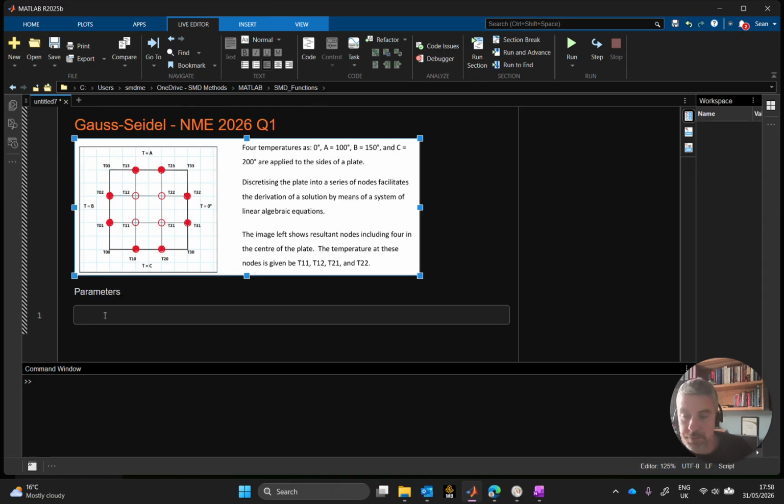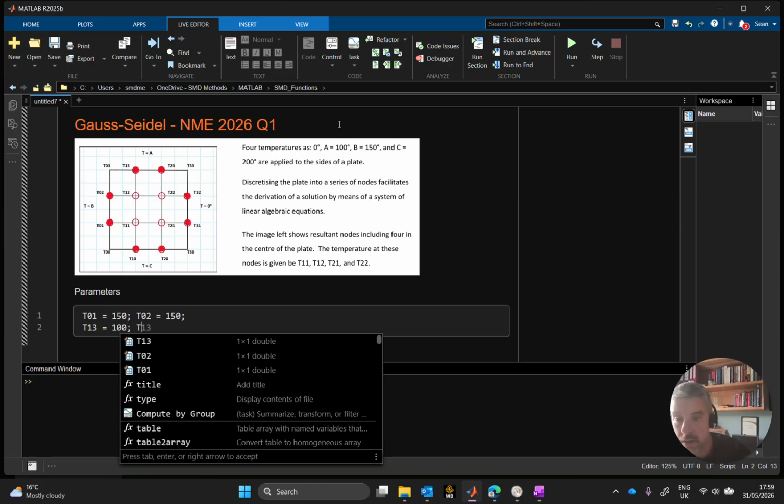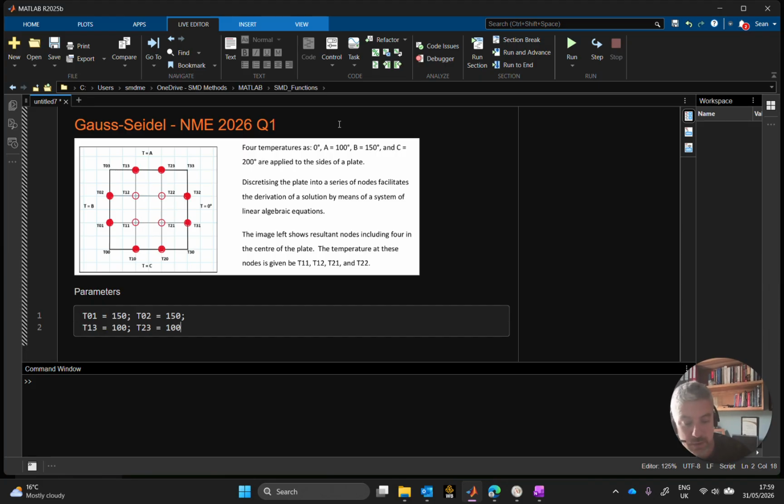Alright, parameters. So what I'm going to write in is parameters for my boundary condition. Let's go for T01 is equal to B, and B is 150. So T01 is equal to 150, T02 is equal to 150. Let's just go around clockwise. T13 is on side A, which is equal to 100. And T23 is equal to 100.